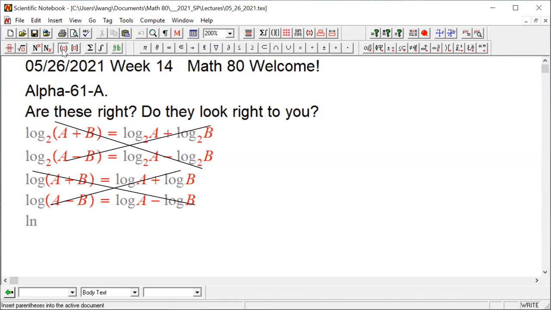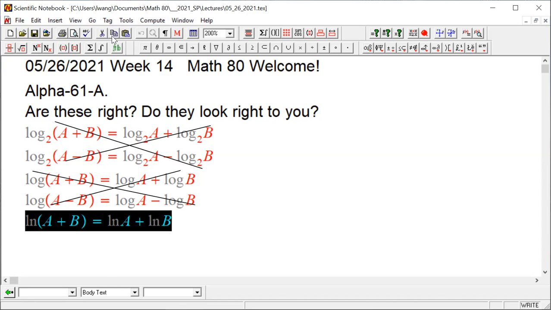Even in Ln, in the future, you're going to encounter Ln. Write these down and make sure they're in front of you and you mark them as incorrect. You follow me?